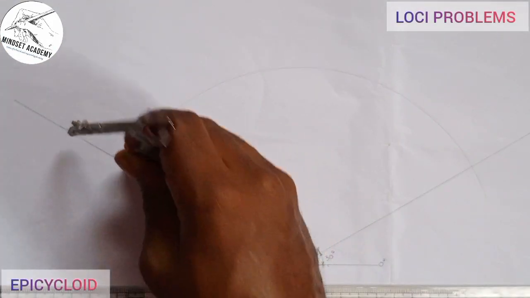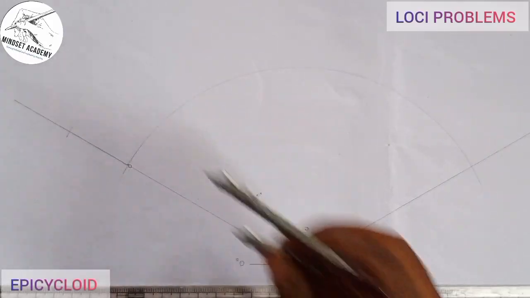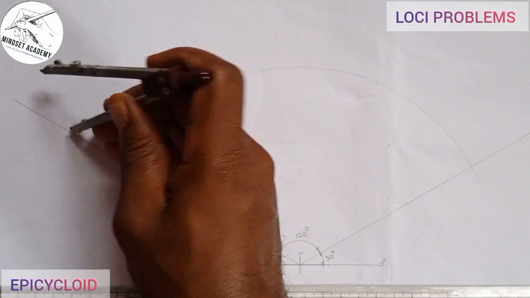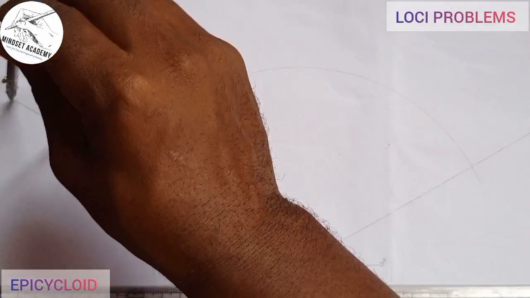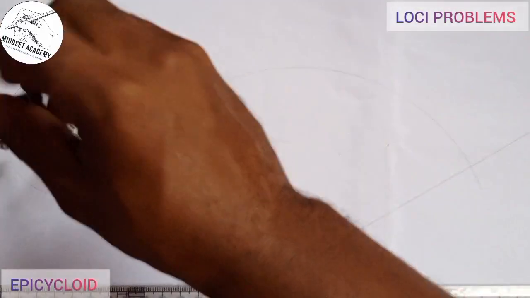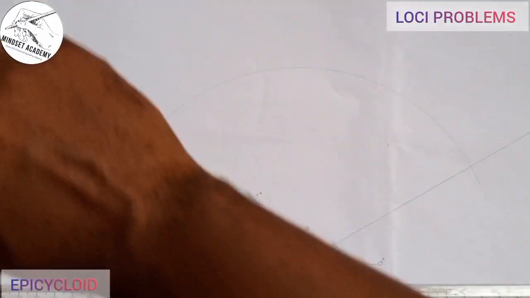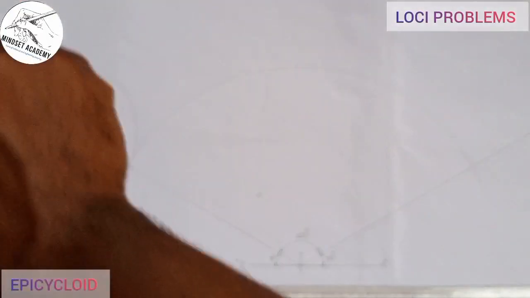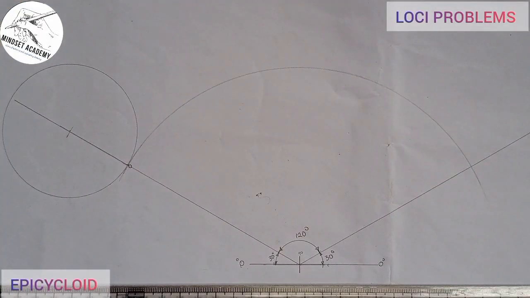This is my point 0, and I'll mark a point here. From that point, that will be my center. So I'm going to draw a circle this way, and I'm going to thicken that circle. So you see that? That's the first thing we are doing here.